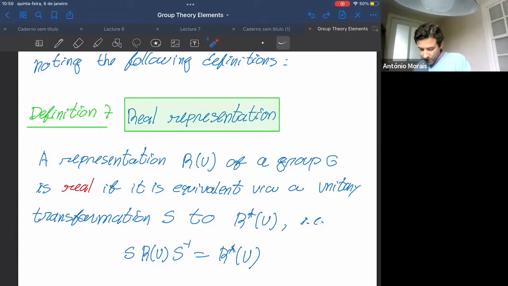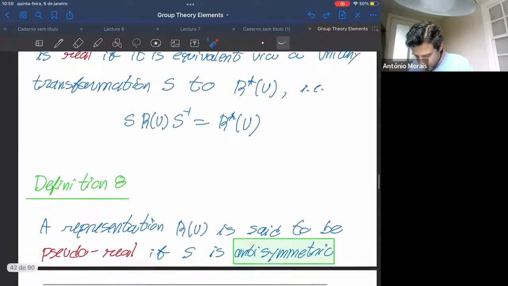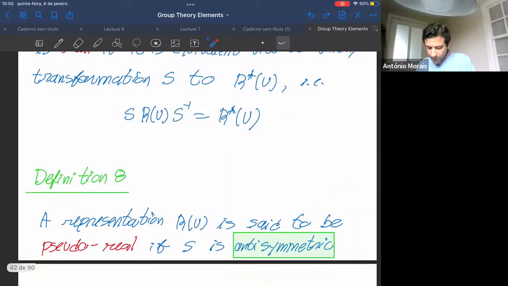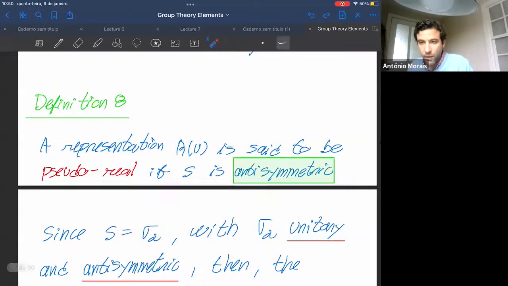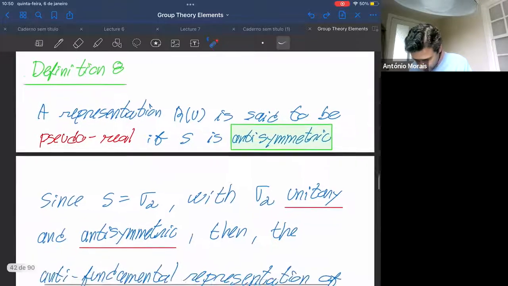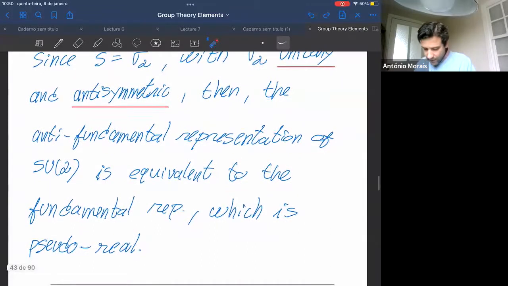This defines a real representation. But there is another definition that says that a representation R is said to be pseudo-real if S is antisymmetric. And this is the case of sigma 2, which is what we are using, which is both unitary and antisymmetric. Then the anti-fundamental representation of SU2 is pseudo-real.